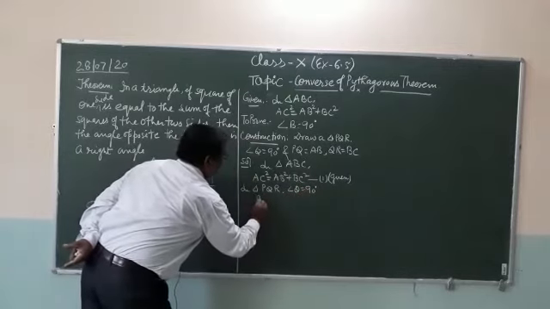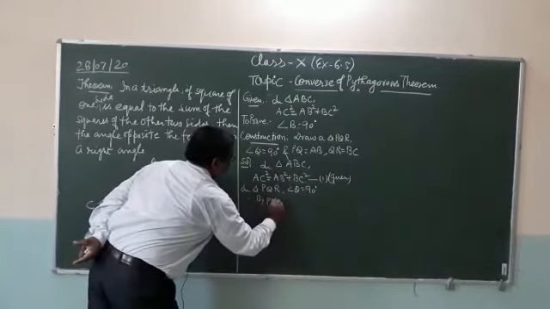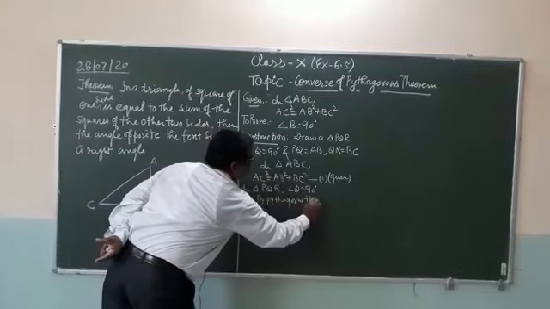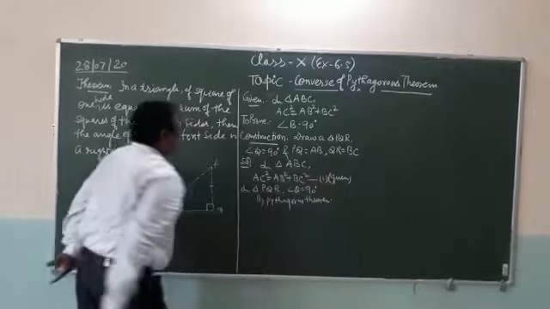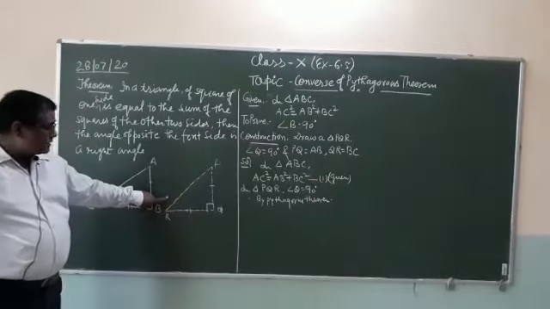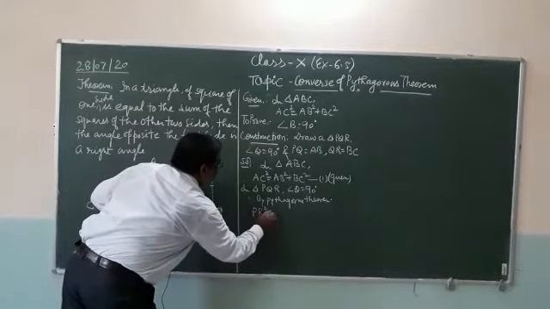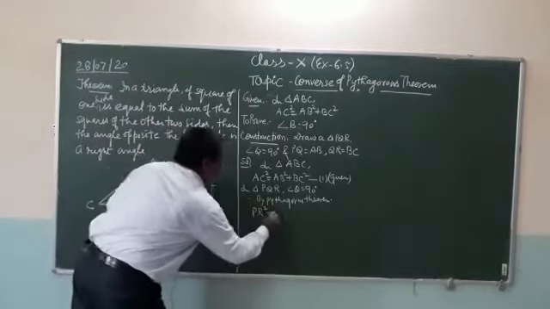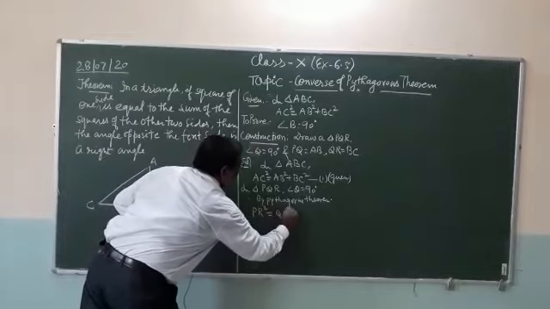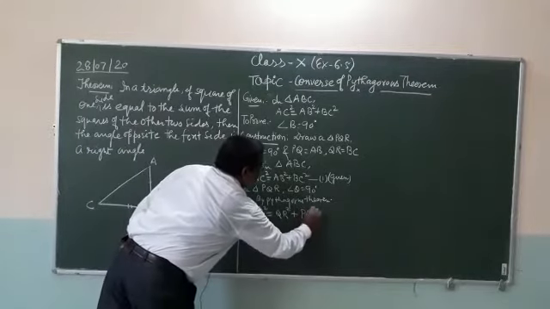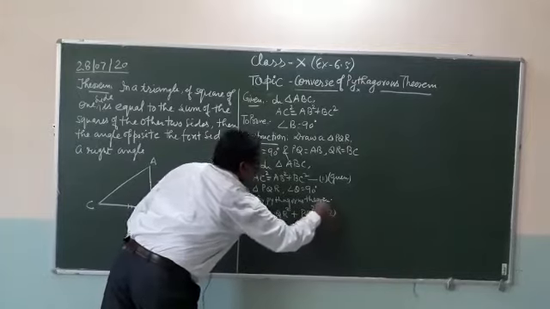Therefore by Pythagoras theorem, PR square, that is hypotenuse square, is equal to base QR square plus perpendicular PQ square. This is equation number 2.